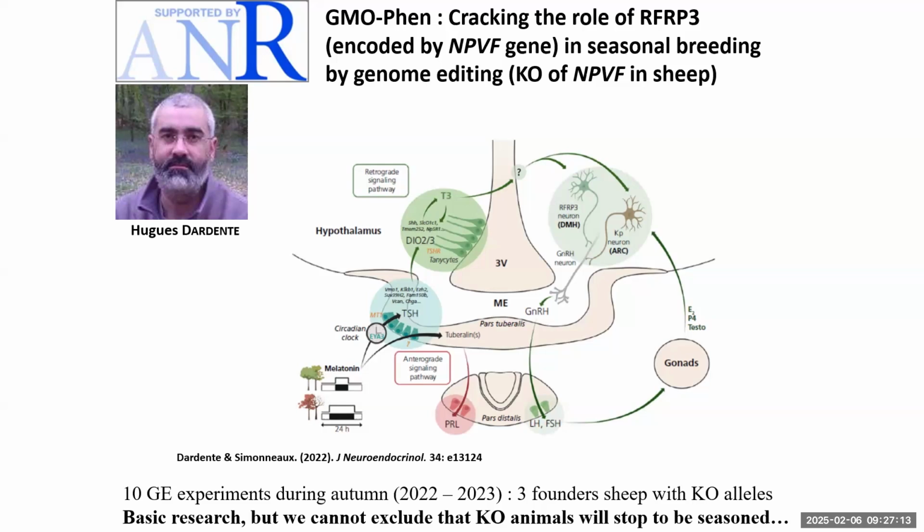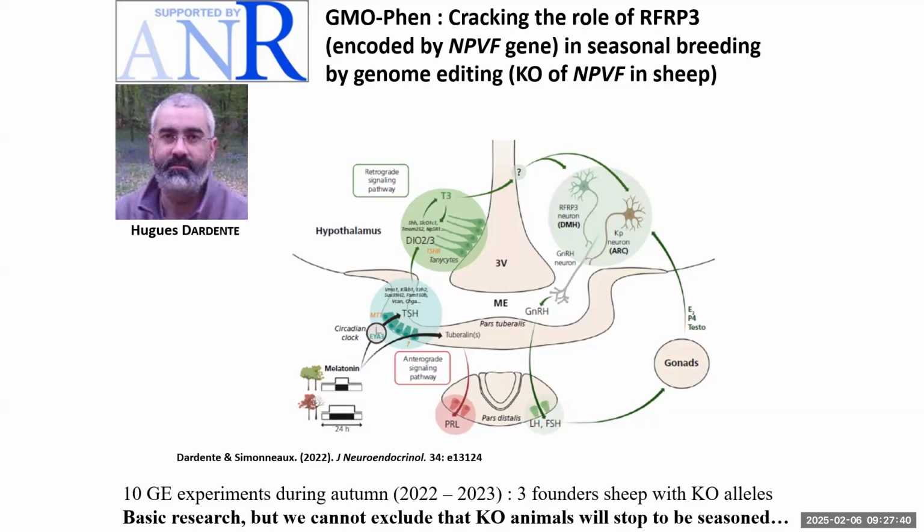So we have done 10 experiments, and we got 3 founder sheep with a knockout allele. These founders are crossed with wild type in order to have some lines to verify the mutation. But I want to present this project because it is really fundamental, basic research.